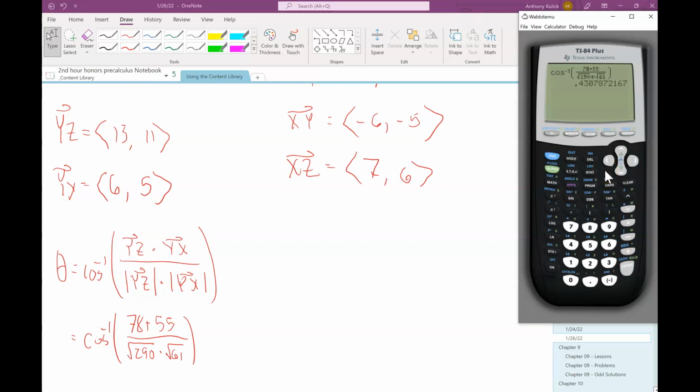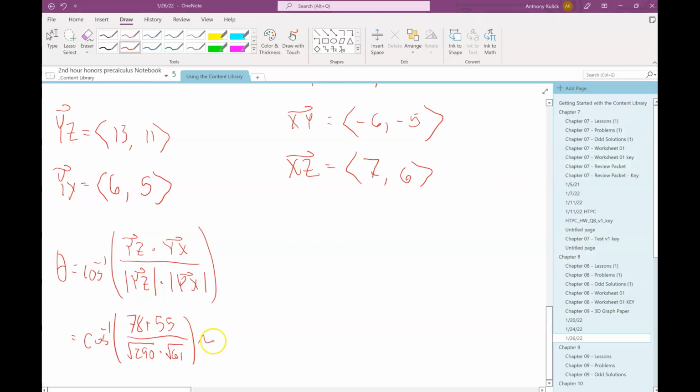So 0.43 degrees. I mean, that didn't seem absurd based on our picture.